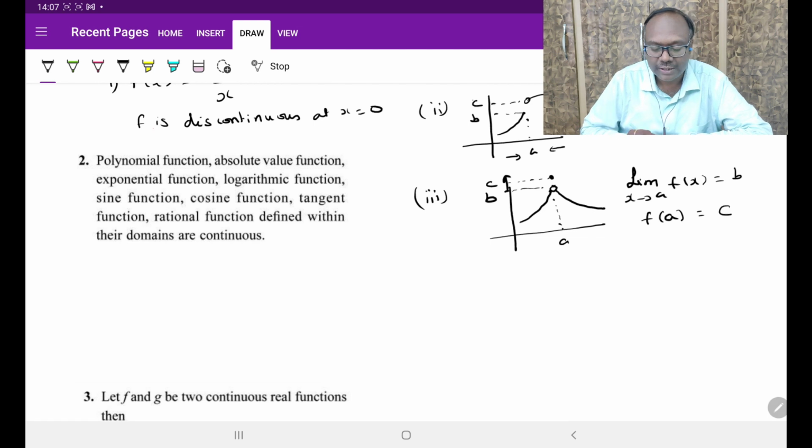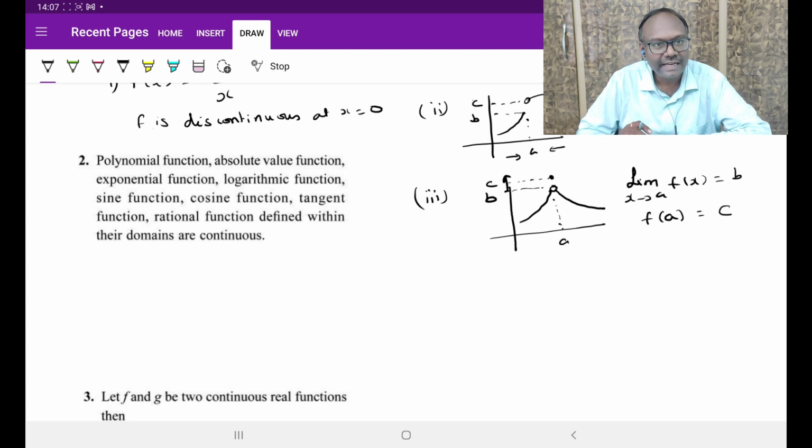Now coming to the next point, polynomial function, absolute value function, exponential function, logarithmic function, sine function, cosine function, tangent function, rational function are continuous within their domains. Which means all these functions are continuous within their domain.